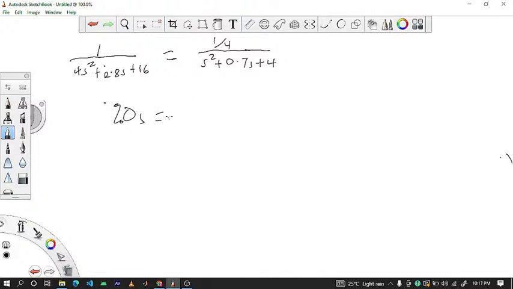Now this is given by, I don't want to go into the proof, so I'll just write the formula here. There's no time. It is e to the negative zeta pi over square root of 1 minus zeta squared, times 100%. So this is why we say that the percentage overshoot is a function of the damping ratio.